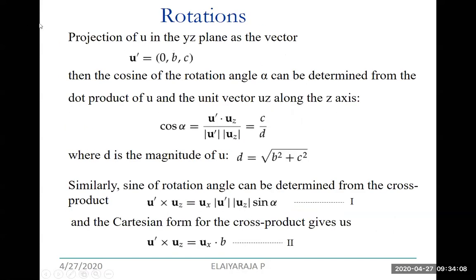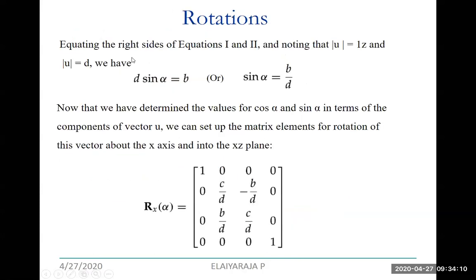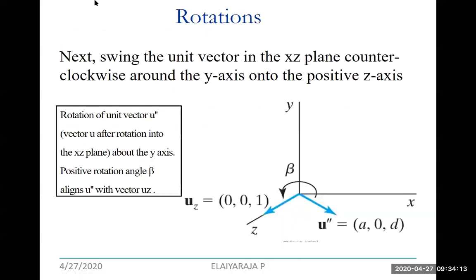In the first rotation you got the unit vector value u dash, then you are going to swing for the next rotation, where with respect to z axis your unit vector value is 0 0 1, and around the y axis your value is a b c, right?